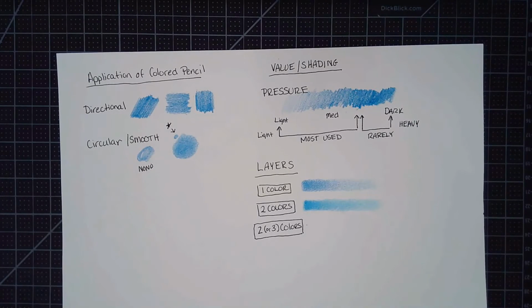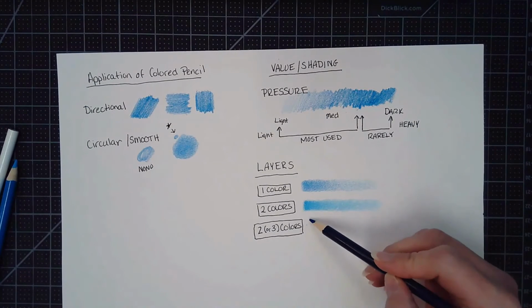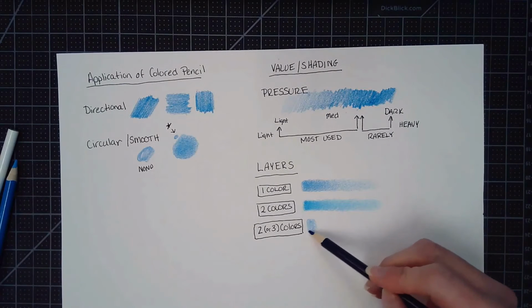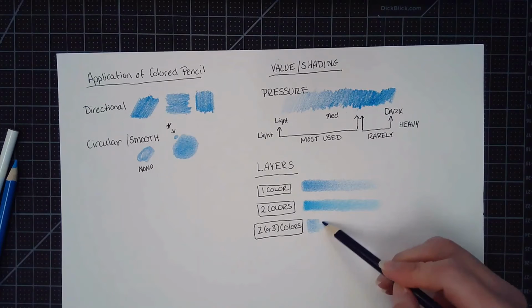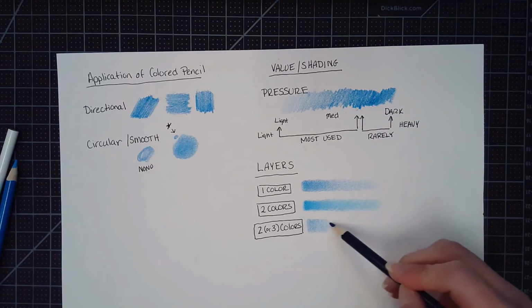And I'm going to now come in with my pencil. I'm going to use my dark blue. And I'm going to start with, again, a medium pressure, practicing my circular shading technique. So as you either follow along or complete this exercise, I want you to practice this circular shading technique.